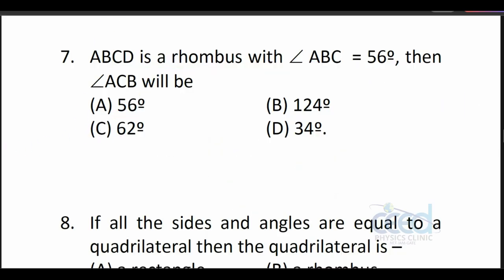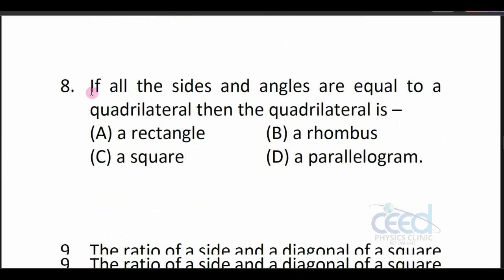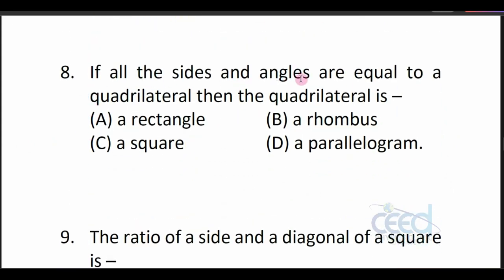Now let us go to another question. If all the sides and angles of a quadrilateral are equal, then the quadrilateral is what? This is a very easy question, right? You know a quadrilateral is a four-sided closed figure.